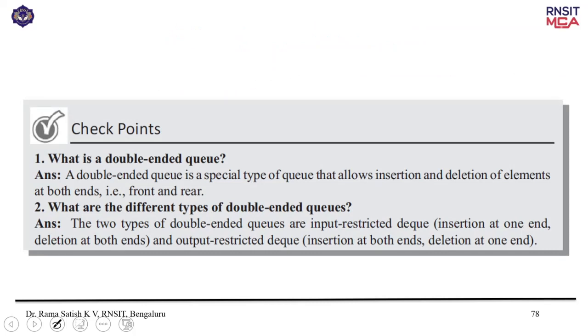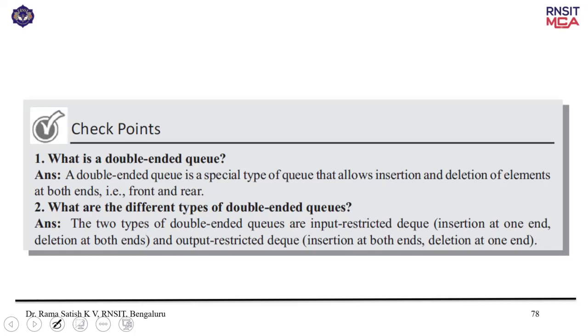Before we end, what have we discussed? We discussed today what a double-ended queue is. A double-ended queue is a special type of queue that allows insertion and deletion of elements at both ends, that is, at the front and at the rear. There are two types of double-ended queues: input restricted and output restricted.